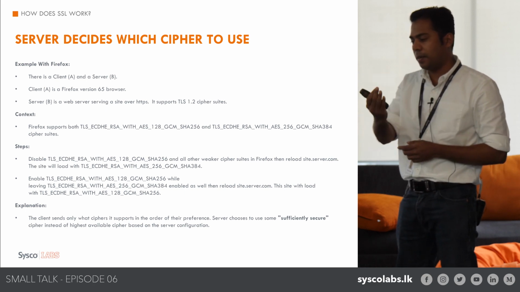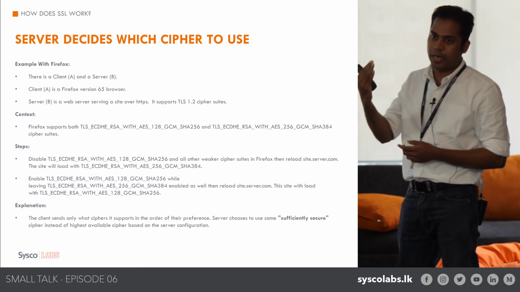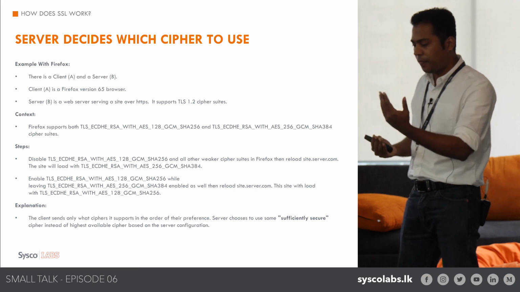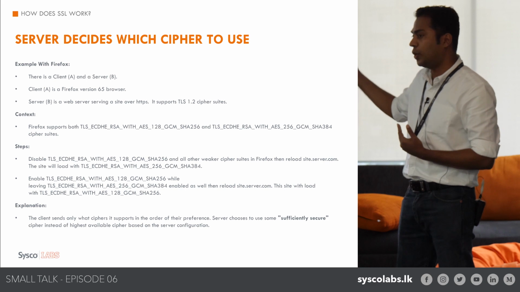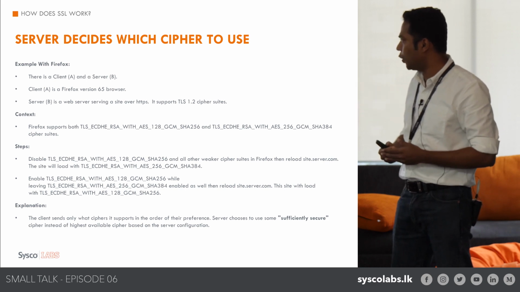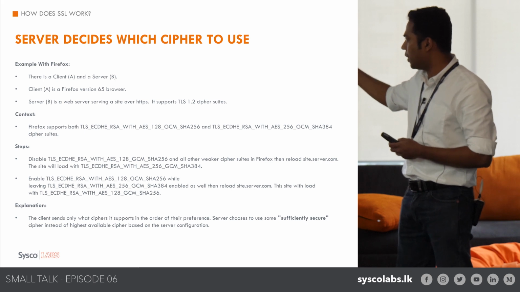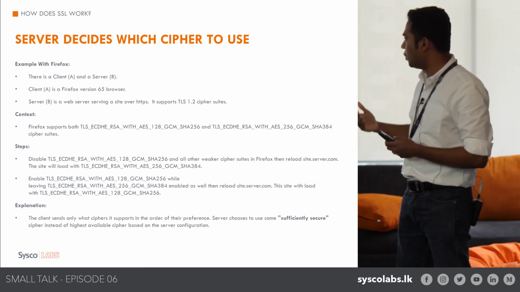When the server is selecting the cipher suites, actually, this is an example. Let's say there's a browser, a Firefox browser, and the server supports TLS 1.2. In that case, the Firefox browser supports a set of cipher suites. Let's say AES 128 and AES 256, and obviously AES 256 is the stronger cipher suite than AES 128.